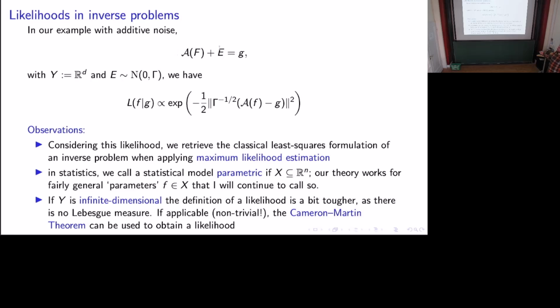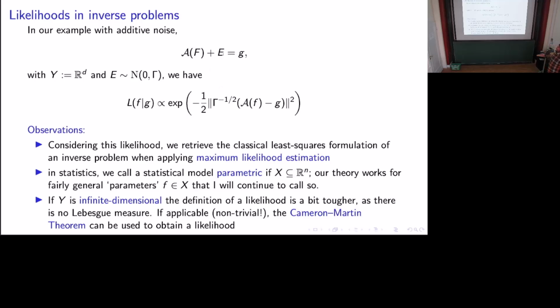What this essentially says is that G, depending on f, is just a Gaussian sample with the mean given by A of f. That's just written down here. The likelihood of f given G is just given by this Gaussian density. So it's a Gaussian density in G. It's not for f, obviously, but it is a Gaussian density in G conditional on knowing f.